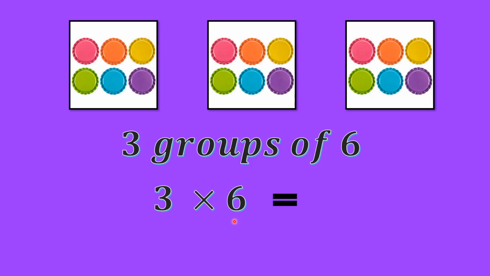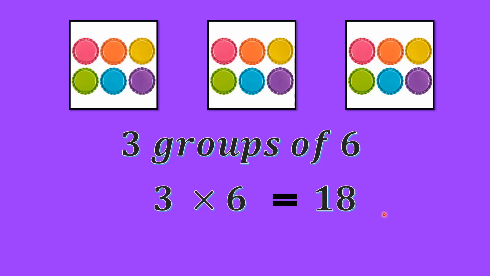In this case, there are 6 bottle caps in each group. So, we have now 3 times 6 equals how many in all? There are 18 bottle caps in all. So, the multiplication sentence is 3 times 6 is equal to 18.